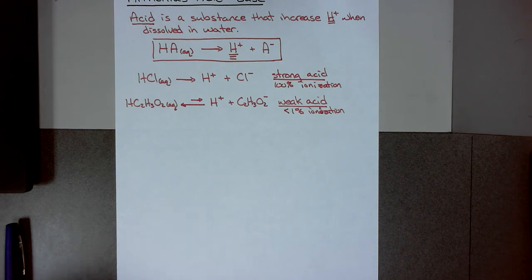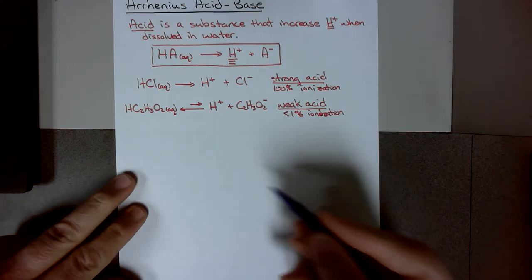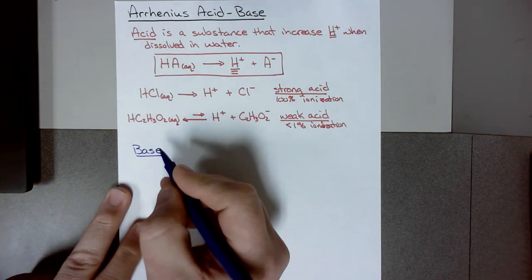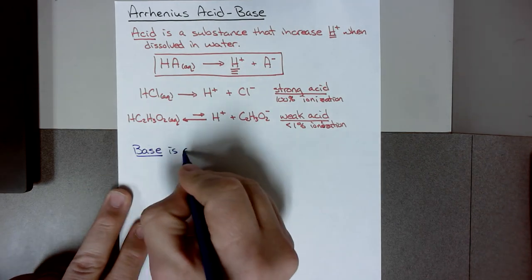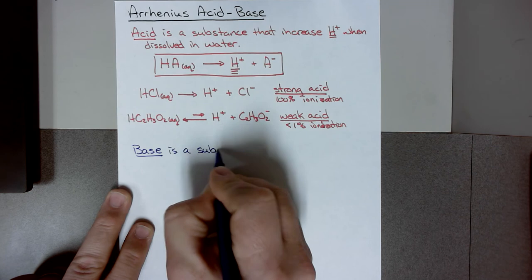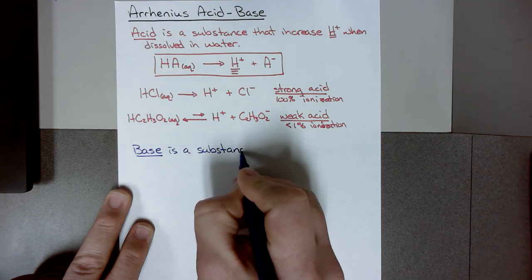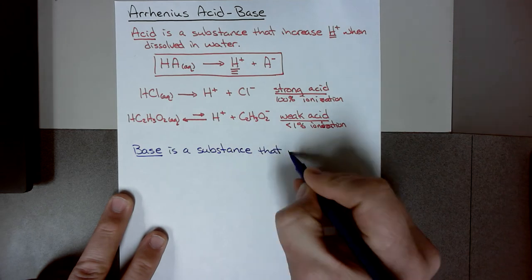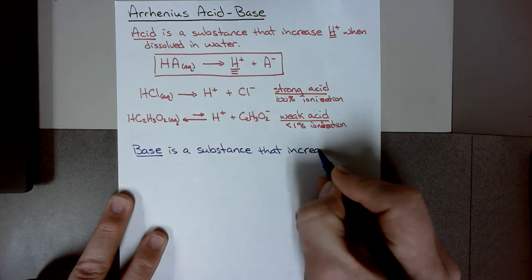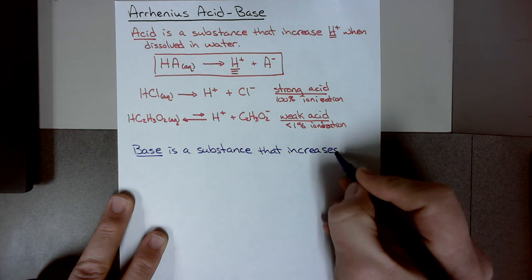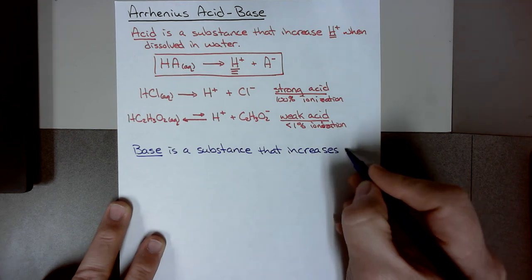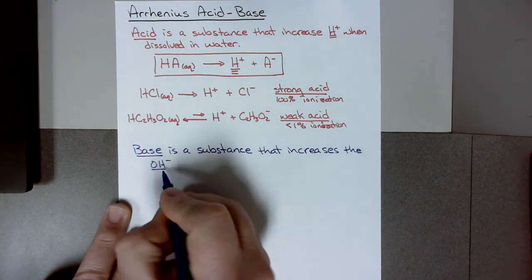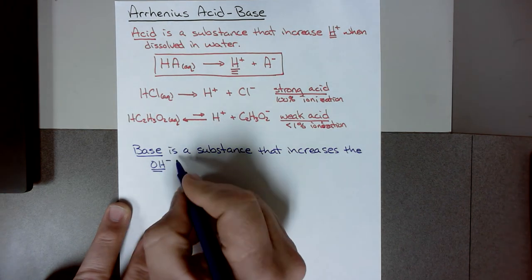So an Arrhenius base is a substance that increases the OH− concentration when dissolved in water.